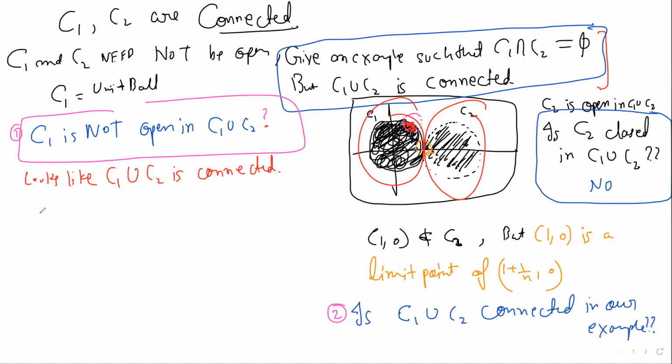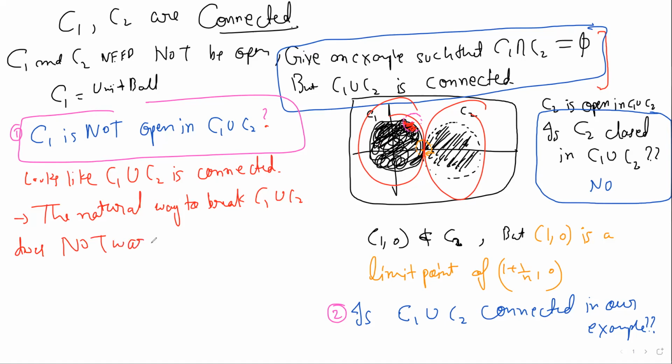So let's write the observation: the natural way to break C1 union C2, which is the first choice that we would have thought of, does not work. But is there any other way? We have to show there is no way, right?